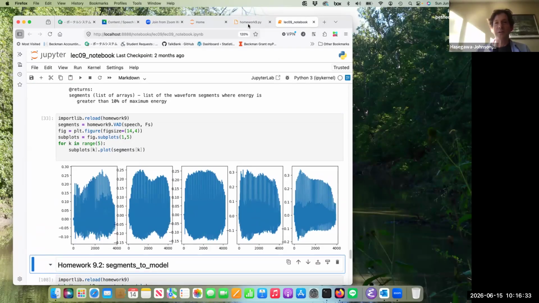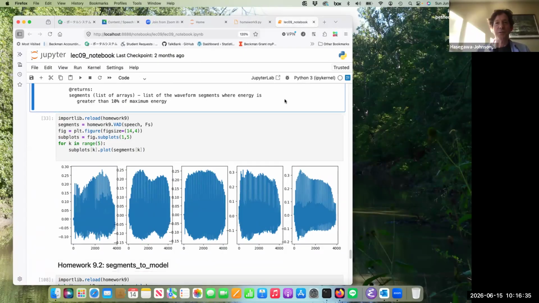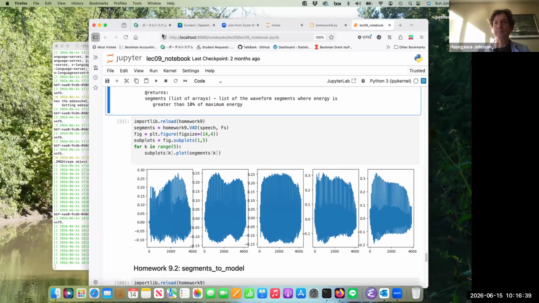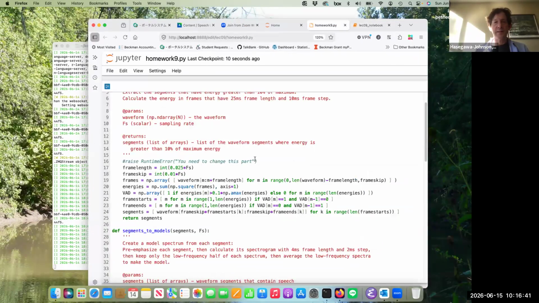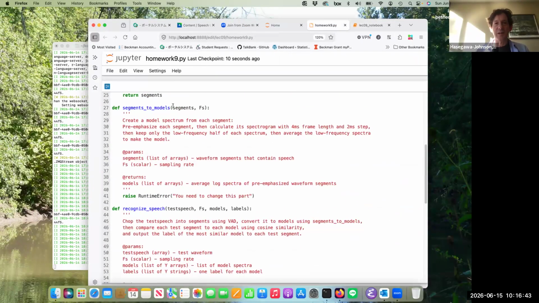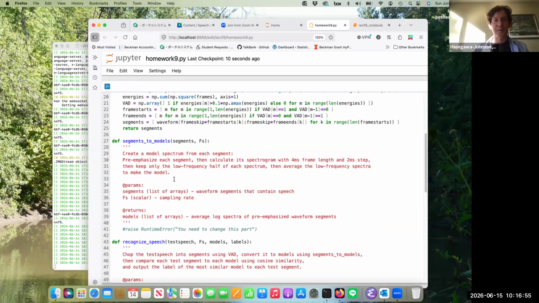Now I want to convert each of those to a model. Let's see, segments to models. I'm given a set of segments and a sampling rate, and I want to return a list of models, which is a list of the average log spectra. All right, so from each of those segments, I want to create a spectrogram.